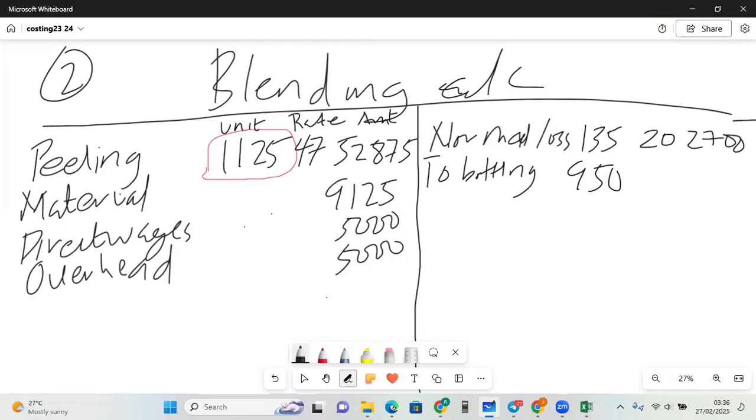Now let's check whether 88% of the unit matches. Let's subtract the normal loss from the unit and then see whether it is equal to the actual. Or you can find 88% of the unit and then see. So 1125 minus 135.